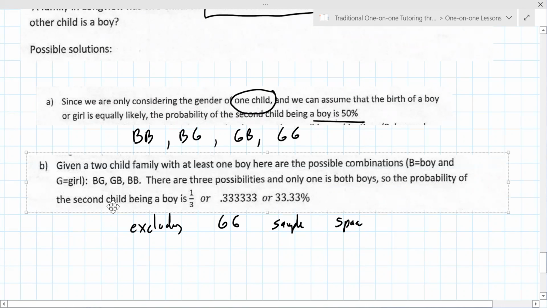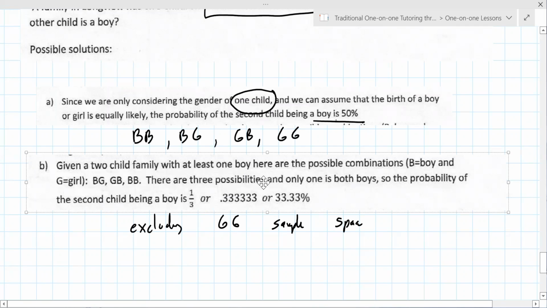I tend to lean towards B if you were asking for an answer, because if we know there's 1 boy, then the possibilities are BG, GB, BB. Or if you're looking at it from the standpoint of the probability of a boy at birth, then you would choose letter A. Letter A is like when you're born, you're either boy or girl, 50%, 50%, end of story.